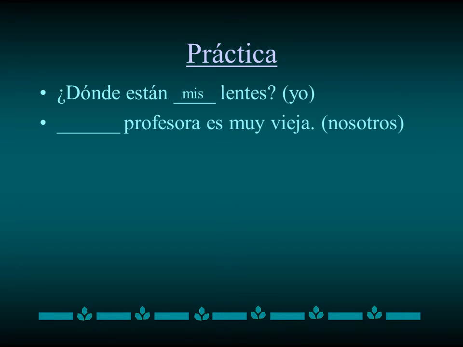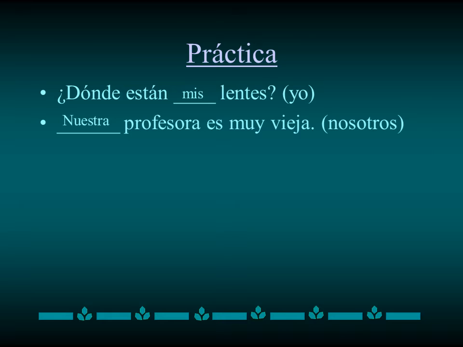Okay, we've got blank profesora es muy vieja. And the owner is nosotros. So that means we, which means the adjective we're needing is the word for our, which is nuestro, but we're going to change it to match with our professor here, which is a girl, nuestra. Nuestra profesora es muy vieja.